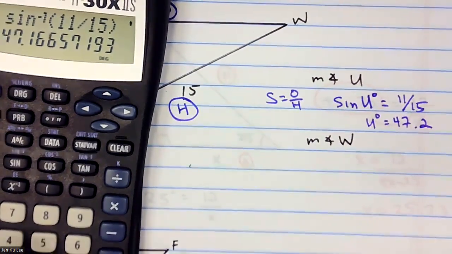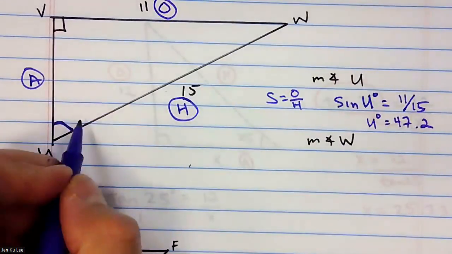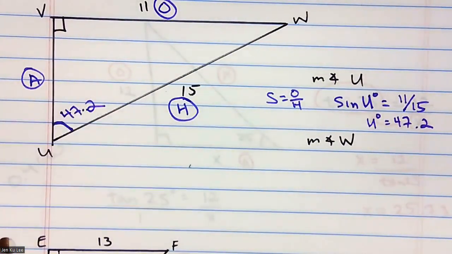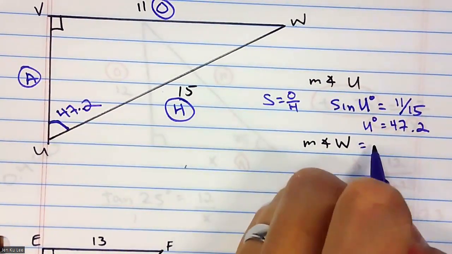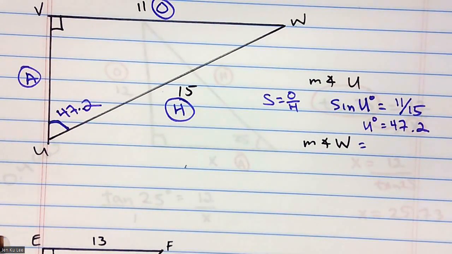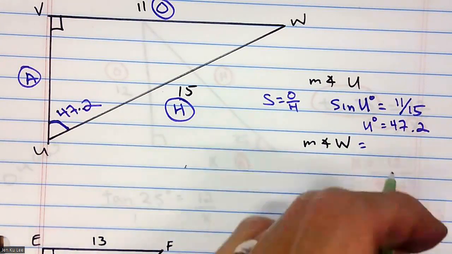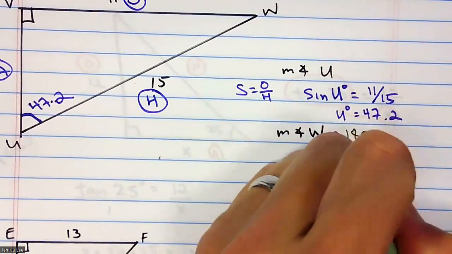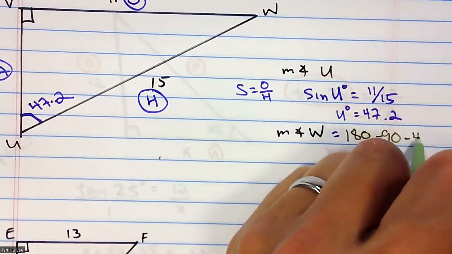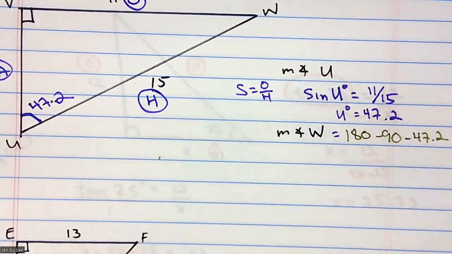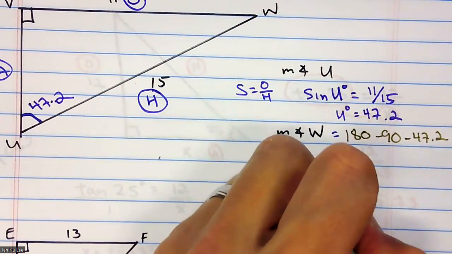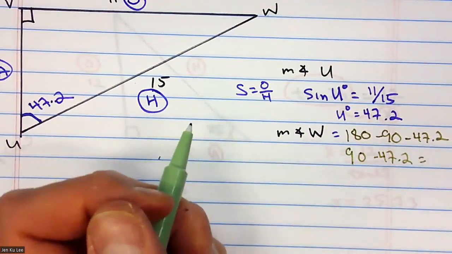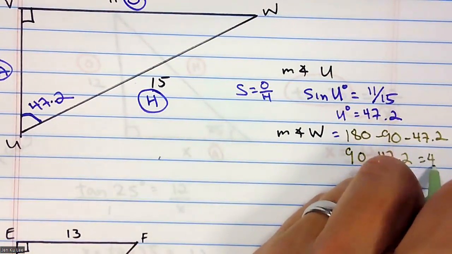So if this angle is 90 and this angle is 47.2, all I have to do is go 180 minus 90 minus 47.2, which is 90 minus 47.2, which is 42.8.